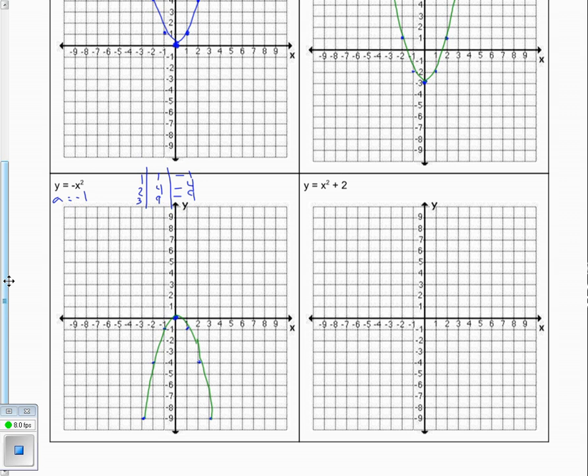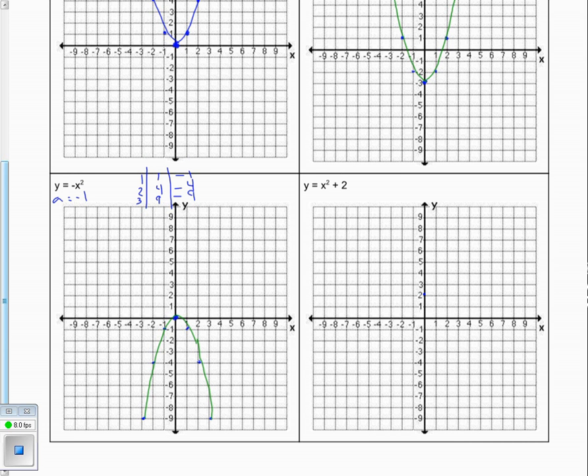The final example here on the right-hand side is y is equal to x squared plus 2. Again, the a value is unchanged. It is still +1, like in the parent form, but the k value is +2. So the vertex is no longer at the origin, at 0, 0, but is shifted up by 2 units.